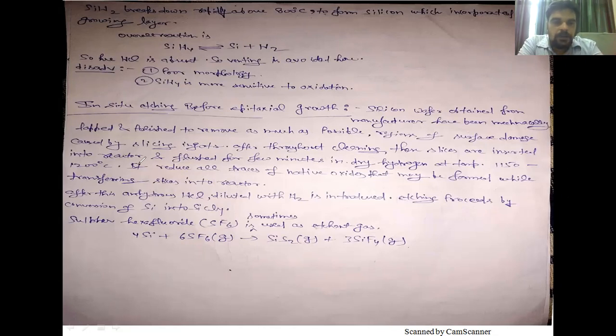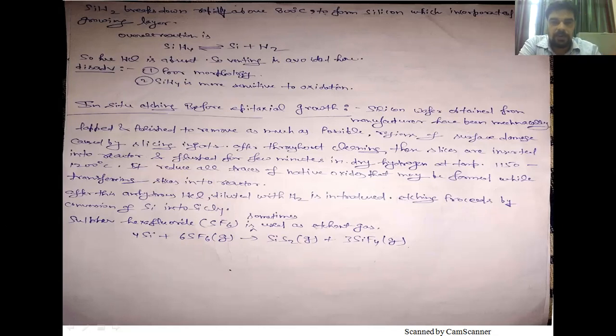After this, anhydrous HCl that is diluted with hydrogen is introduced. Etching proceeds by conversion of silicon into SiCl4. That is the reverse reaction that takes place. In another approach, we can use sulfur hexafluoride, SF6, as an etchant gas.